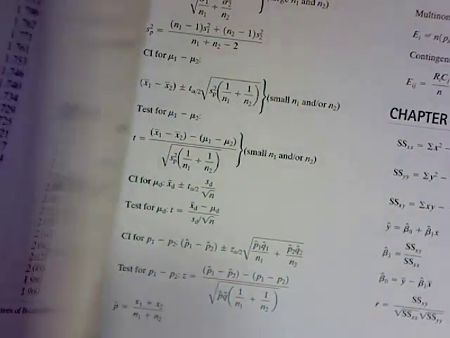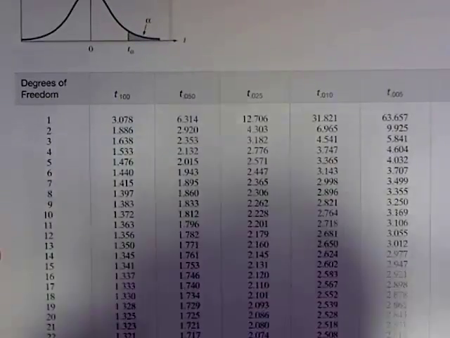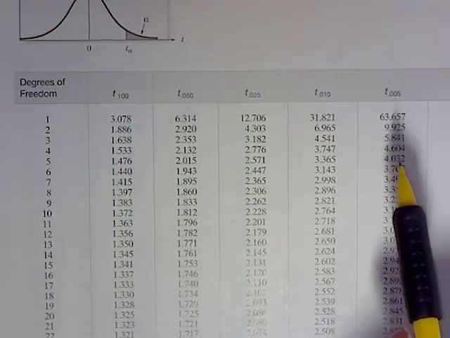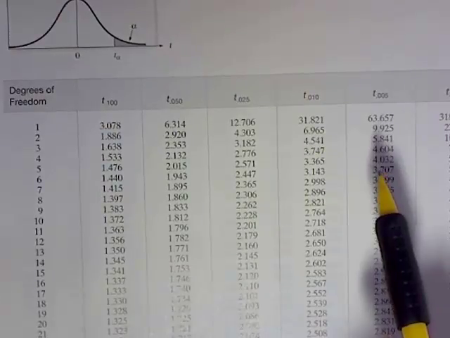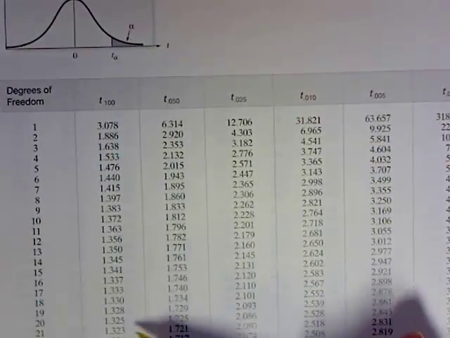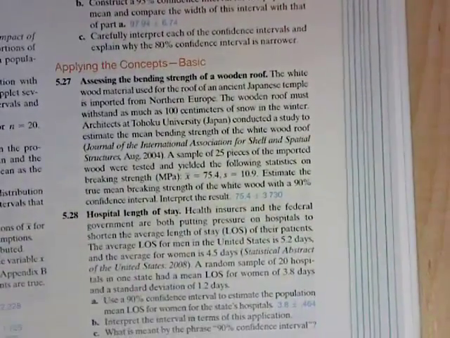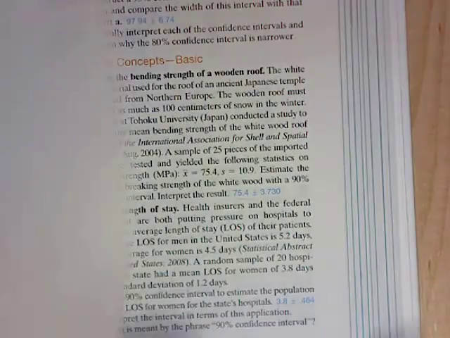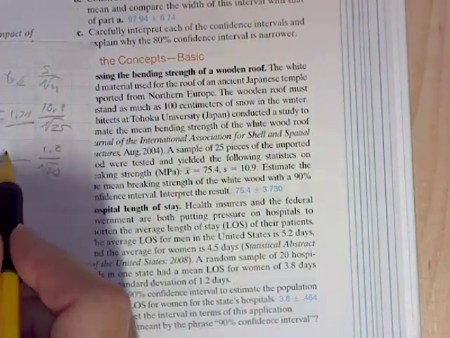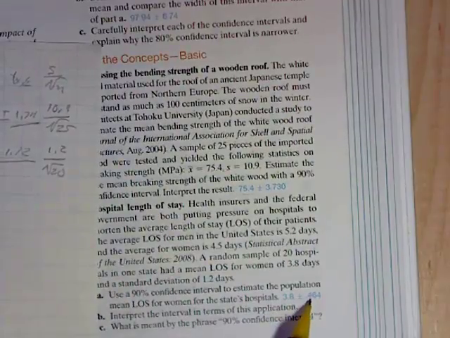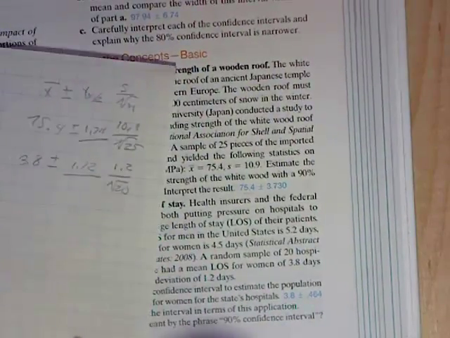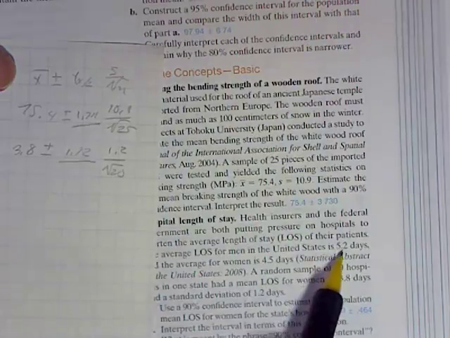It's 19 degrees of freedom, and it was the same 90%. So 19 degrees of freedom, looks like it's 1.729. So 1.729 is the number that goes in here. And if you multiply that out, you'd get 0.464.